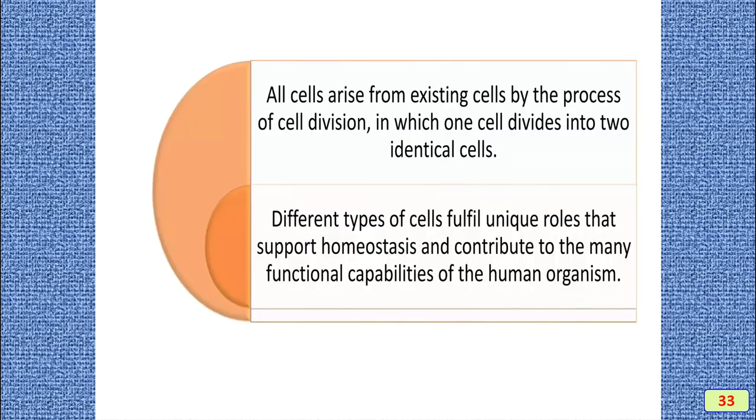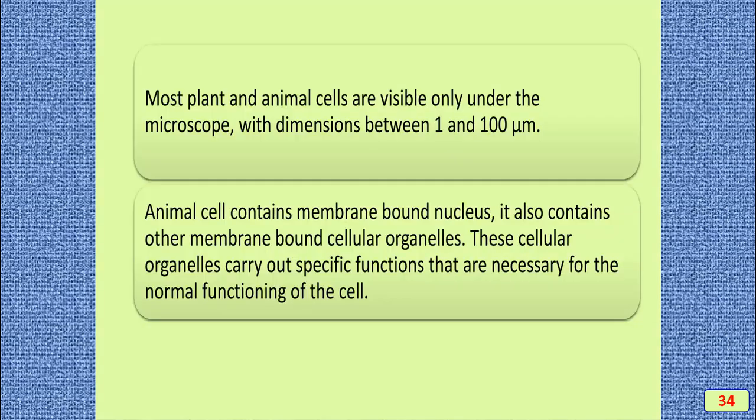All cells arise from existing cells by the process of cell division, in which one cell divides into two identical cells. As age advances, the old cells get replaced by new cells, and that process is called apoptosis, or programmed cell death. Cells also support homeostasis and contribute to many functional capabilities of human organisms.